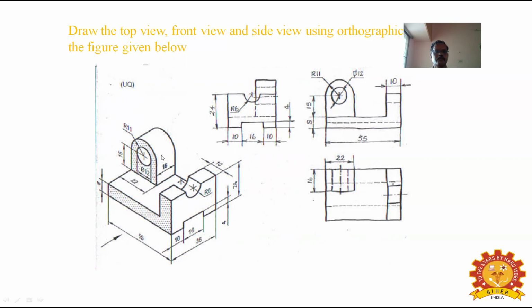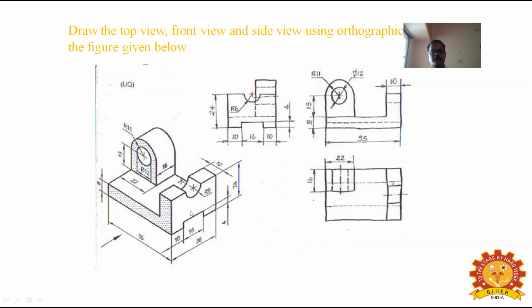In that you have to draw the bars of length 16 by 22, and inside we have to draw the holes and convert them into hidden lines. In the right hand side, we have a slot, a curved surface. The curved surface you can mark as a horizontal line only, a plane surface only.